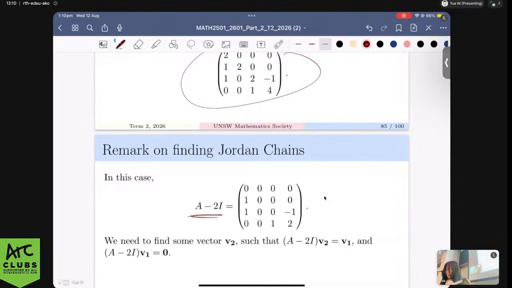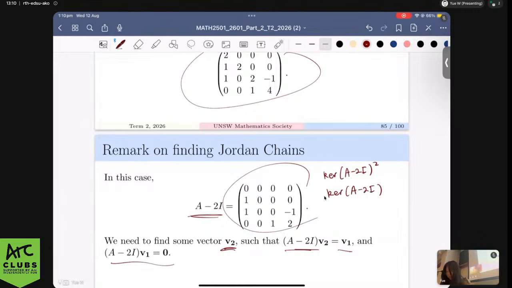So if we consider A minus 2I, we get this matrix here. And we want to find some vector v2 such that this condition holds. What you can do from this is consider the kernel of (A minus 2I) squared, and also the kernel of A minus 2I.